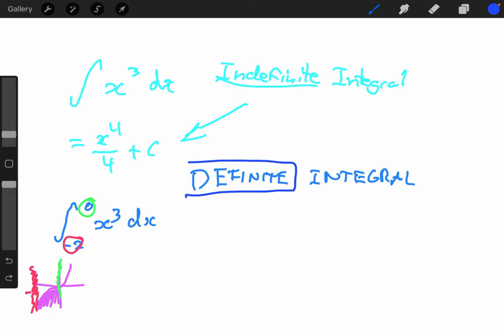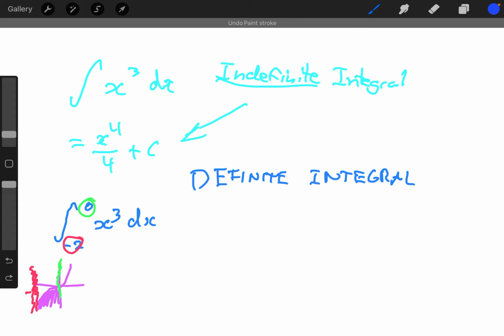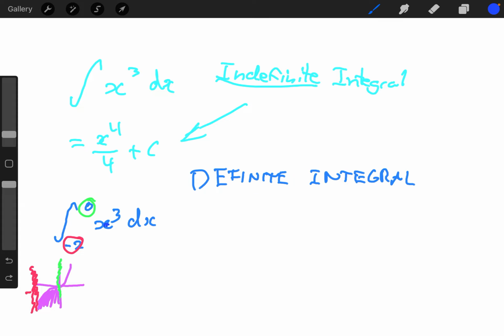Okay. So if you want to actually find the area, you want to get the definite integral, you still need the indefinite, because it's kind of like the formula, and we already know it, so that's helpful. It's equal to x to the 4 over 4 plus c, the indefinite for this function here.